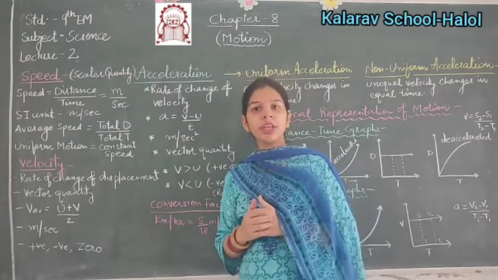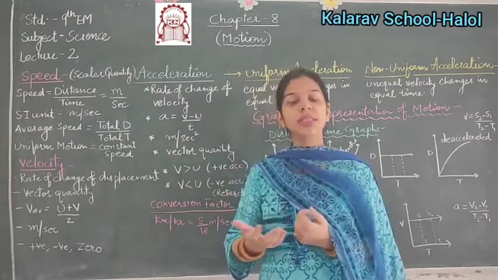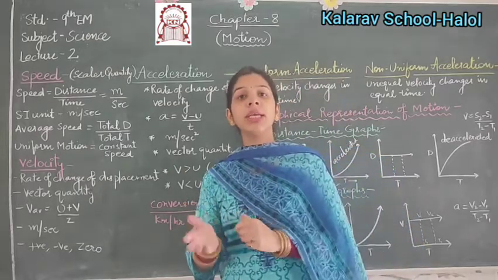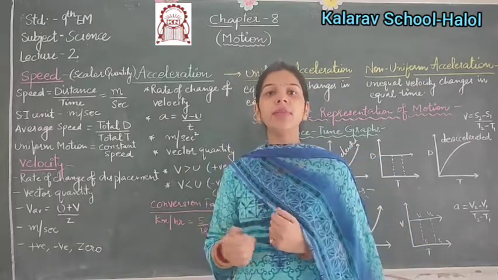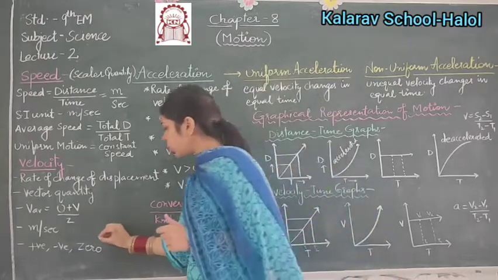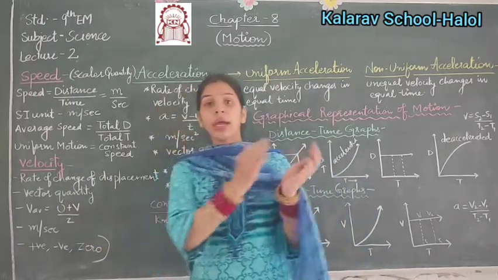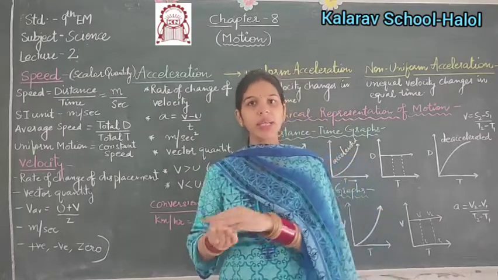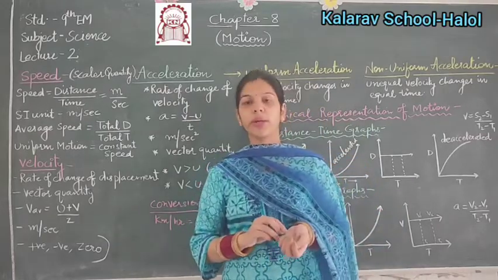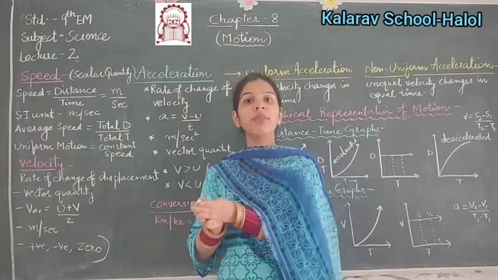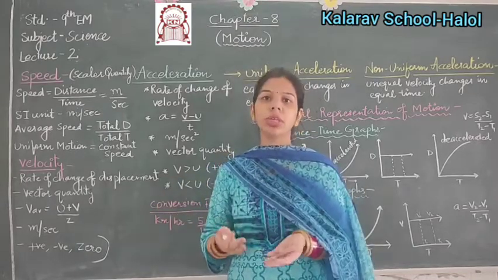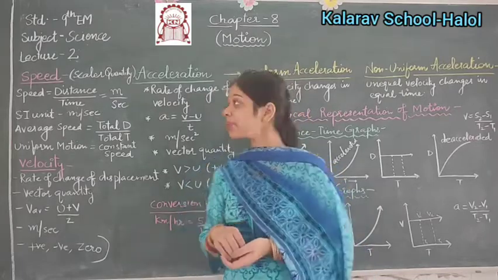Displacement can be positive, negative or 0. Velocity directly depends upon displacement, and displacement is a vector quantity, so velocity is also a vector quantity. Similarly, velocity can be positive, negative or 0.